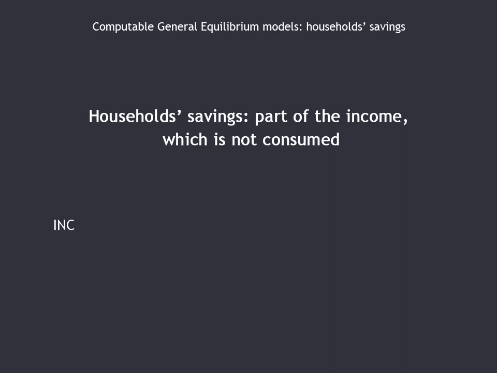So we introduced another variable called DISP_INC for disposable income, and this variable was equal to (1 - ITR) times INC, that is to say, the part of the income which is not paid to the government for the payment of income tax.